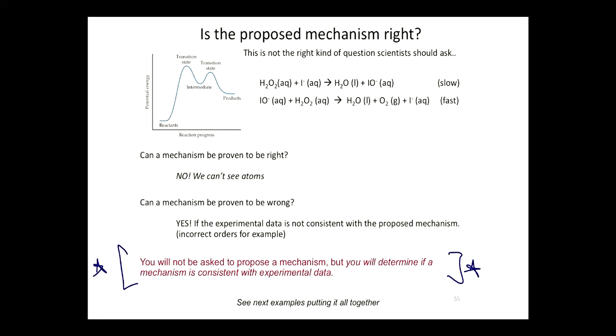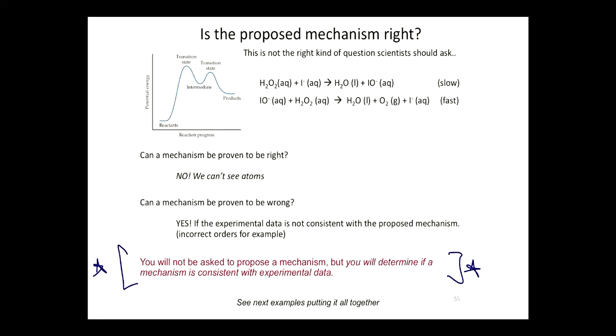That's like the PC term, I guess, of saying it, like the corporate world. Like we don't want to say, oh yeah, I'm right, because that has implications with it, because we can't actually prove we're right since we can't see atoms. So instead we just say this mechanism is consistent with the experimental data. That's our corporate language that we use, all right?